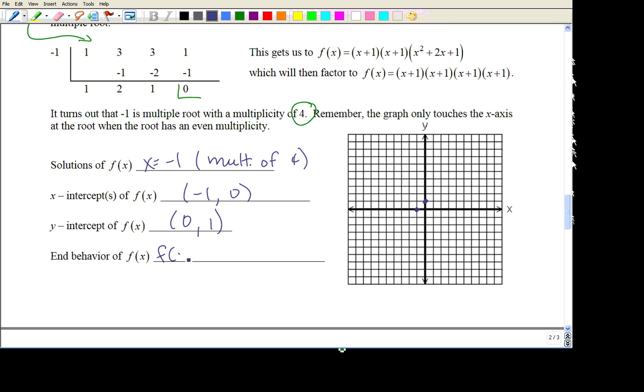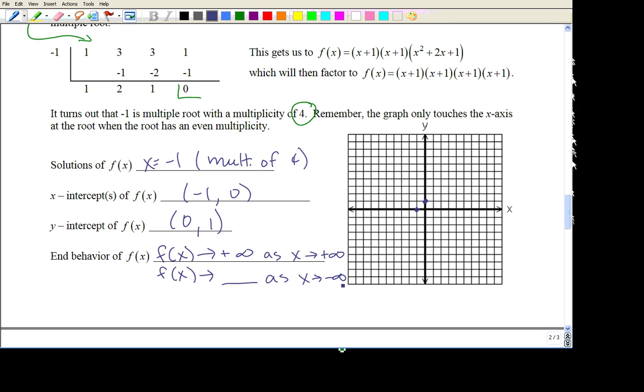We can also go ahead and fill out my end behavior. As x approaches positive infinity, my leading coefficient was positive, so my right side is going up, so y values are approaching positive infinity. And what happens as x approaches negative infinity?